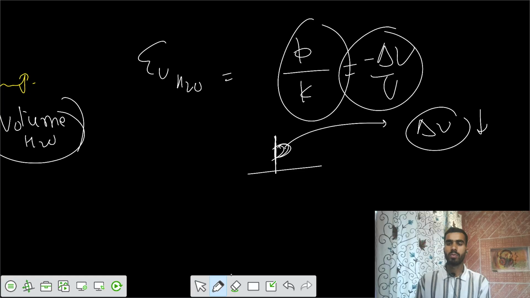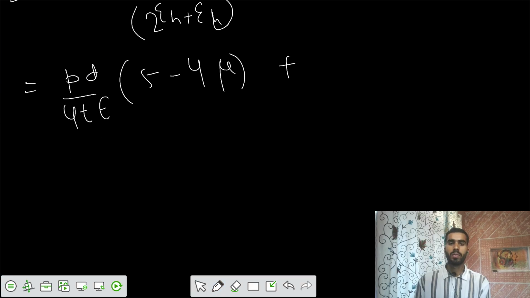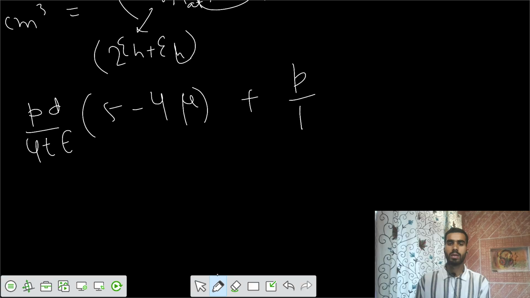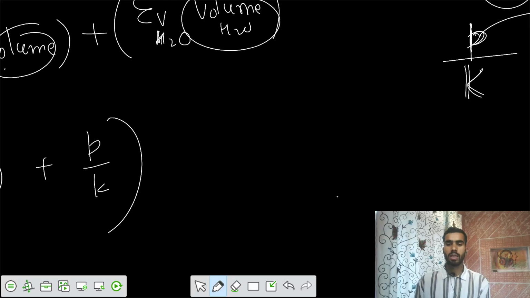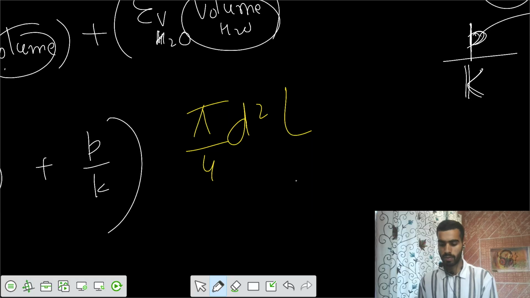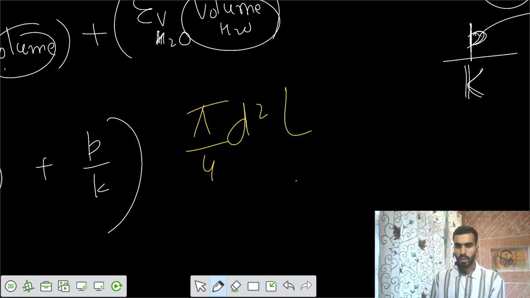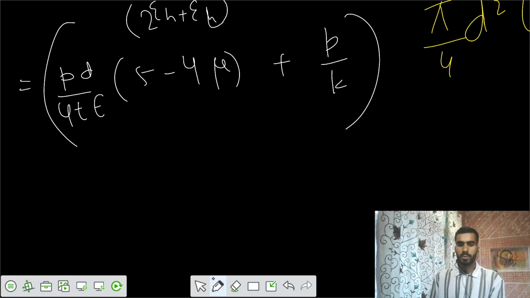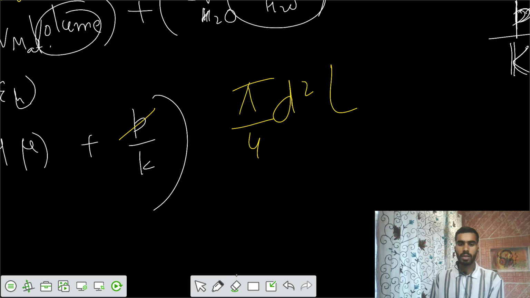So P by K into the total volume, that is pi d square by 4 into length L. We can keep that common as well, as we need to calculate pressure P.